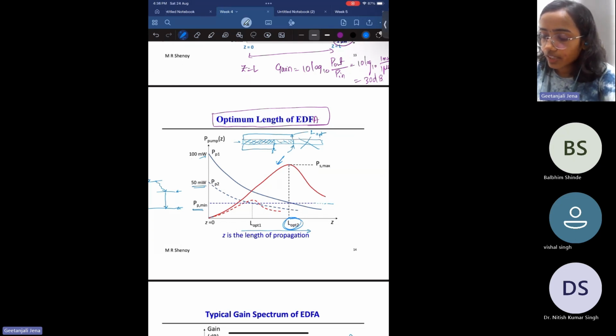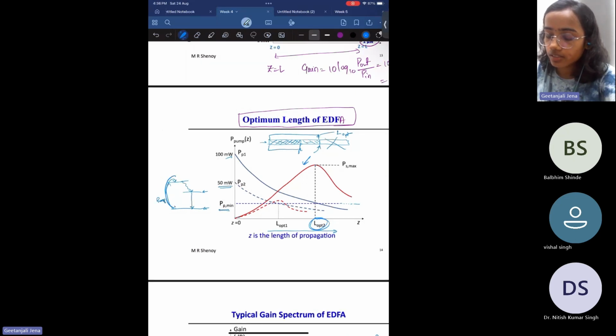So if you see this schematic, we are using the pump to excite these erbium ions from the ground state to the excited state. So the pump power will be absorbed continuously over the length of the fiber. And what will happen after a certain length?